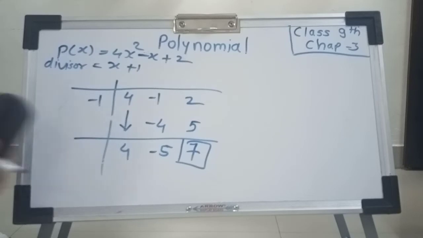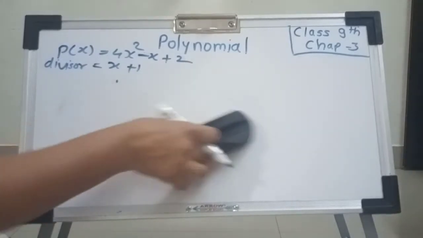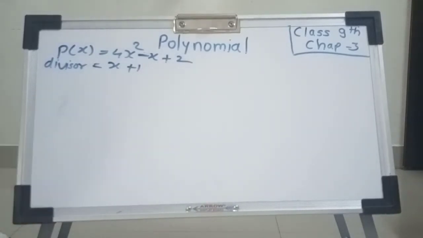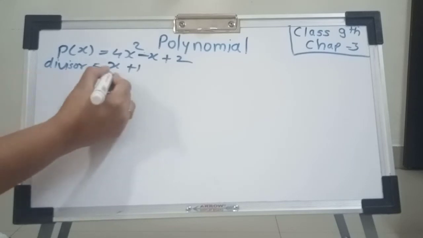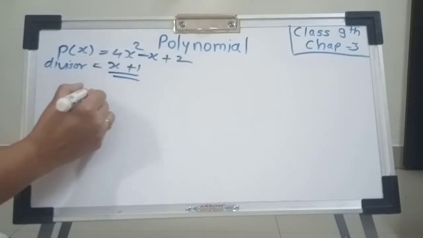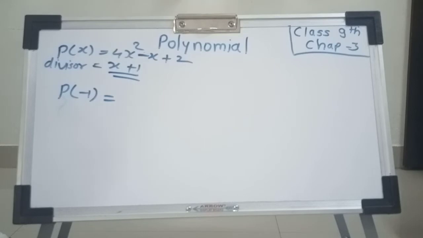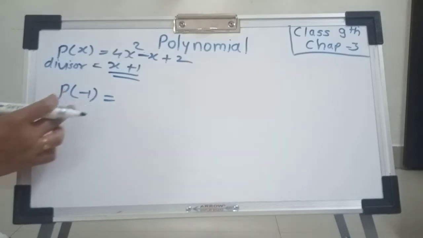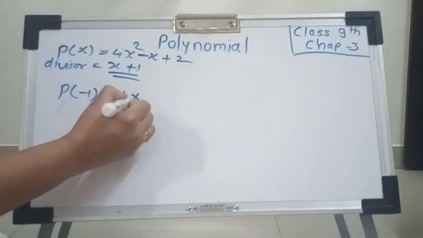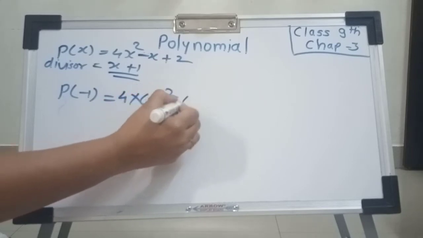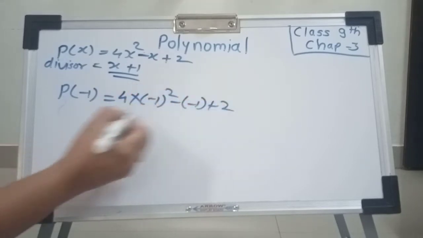We can verify this remainder using the remainder theorem. Here the divisor is x plus 1, hence we find P of minus 1. Put x equal to minus 1 in this polynomial: 4 into minus 1 square, minus of minus 1, plus 2.